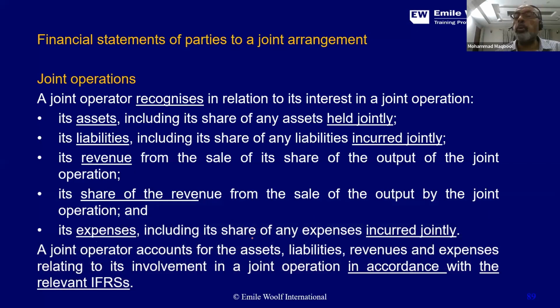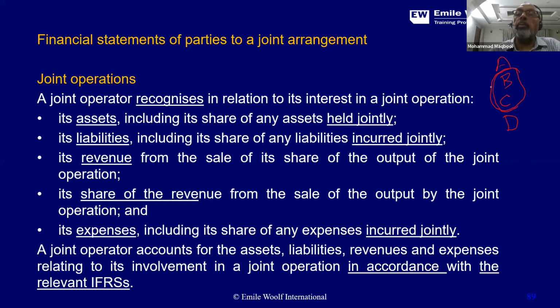Now we come to how to do the accounting. Remember, I said to you, there are 4 parties, A, B, C, and D. Let's say these two have a common contractual arrangement. Okay, they are not part of it.